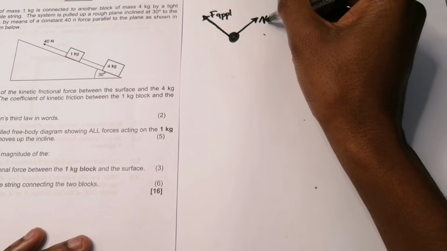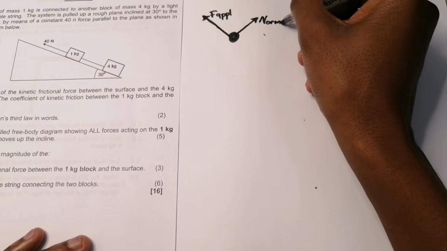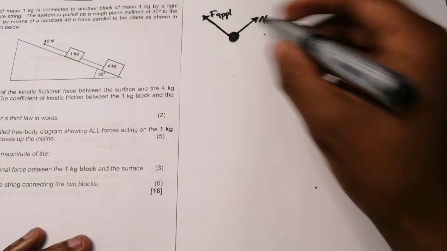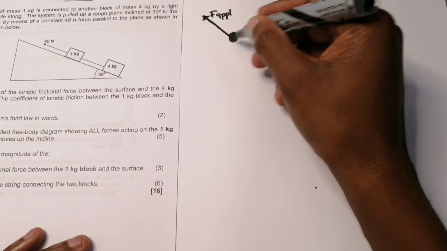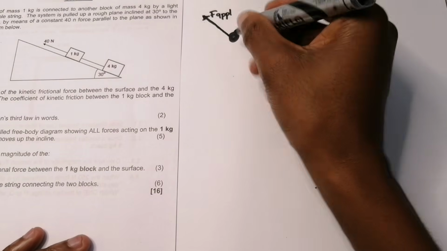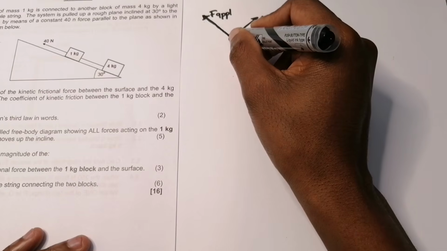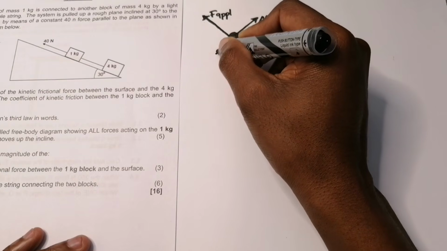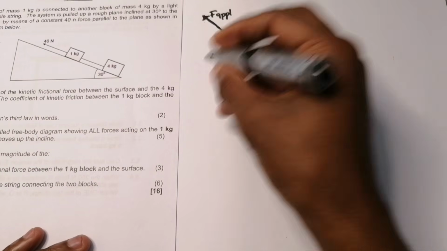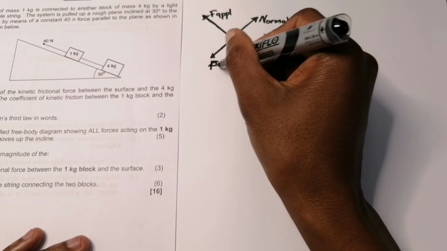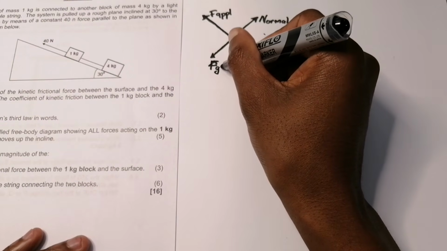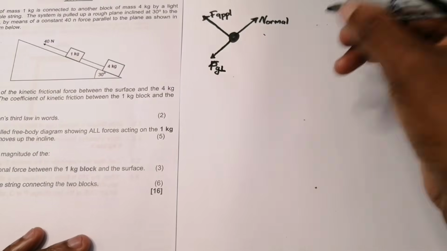Okay, so there's my normal force there. I'm going to have gravitational force acting downwards, but you know what, I'd rather draw the components of it. So let's have force of gravity perpendicular, that's Fg, our perpendicular component.